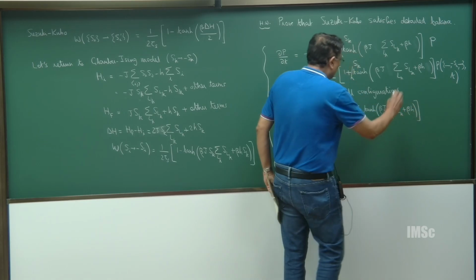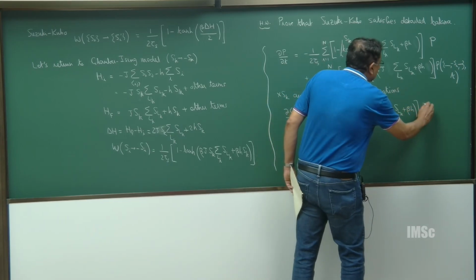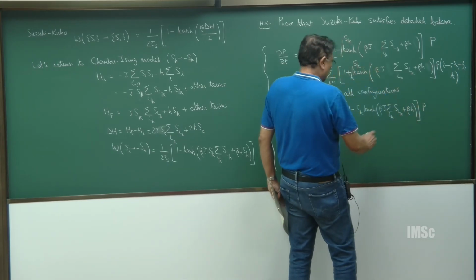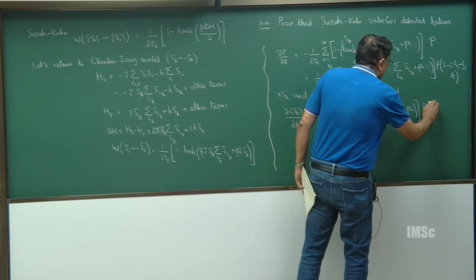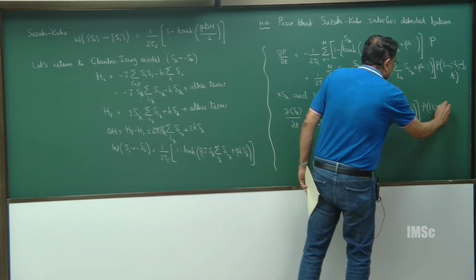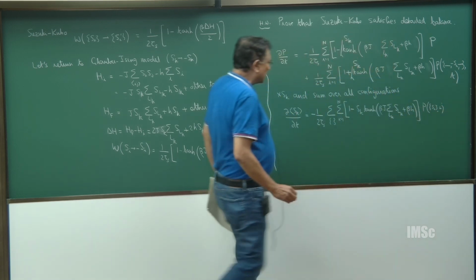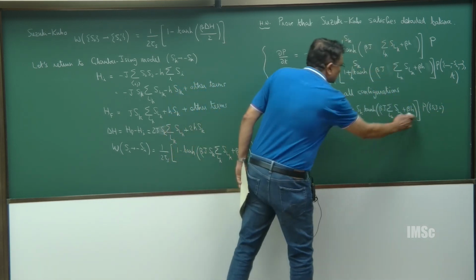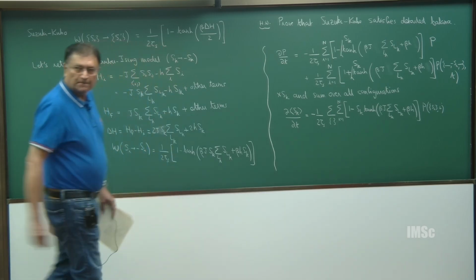So far no approximations are involved, everything is exact, times P of S_i, t, and this is simply the expectation value of this operator.